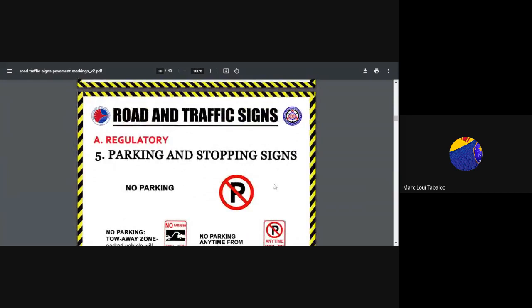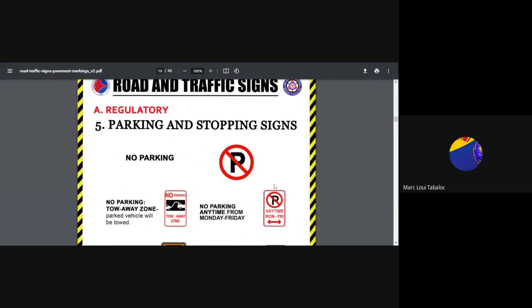Another classification is itong regulatory na signs, especially sa mga roads na nasa mga places na maraming tao or maraming buildings. Yan, bawal magparking pero nagparking. 'Di ba? Unless kung emergency, which is an exception, pwede.